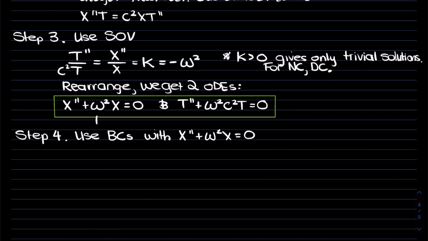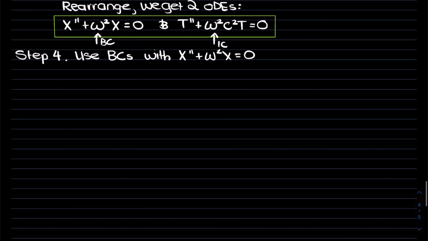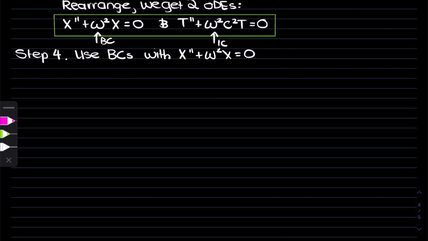We use these for our boundary conditions, and we'll use these for our initial conditions. In this case, you'll see that we've got two options for lambda: lambda is greater than 0, and lambda equals 0.